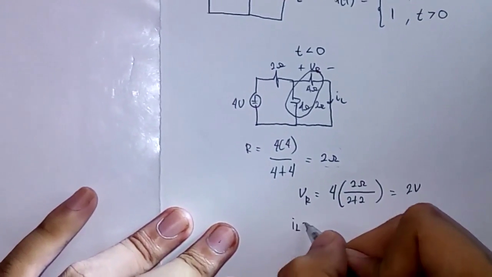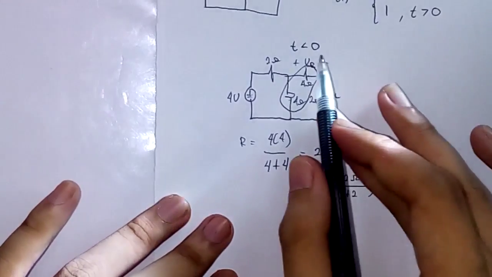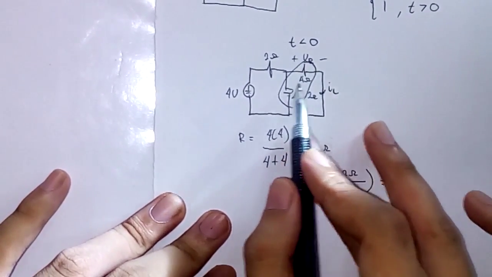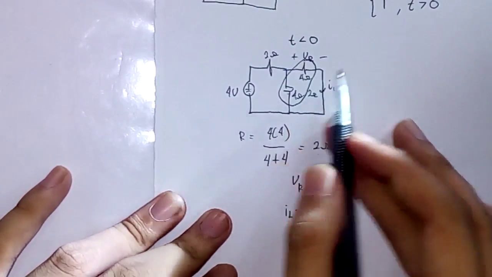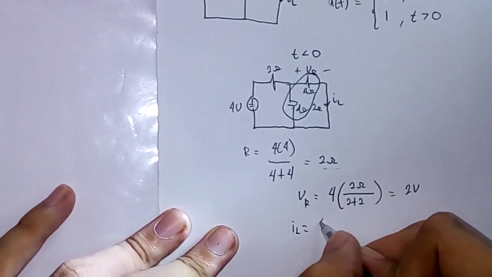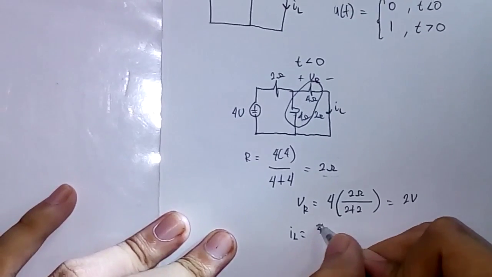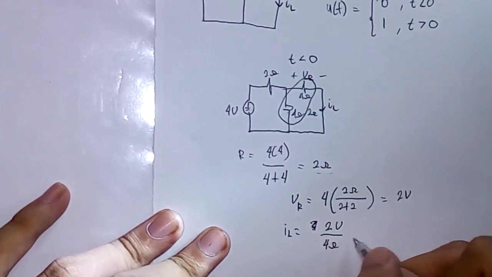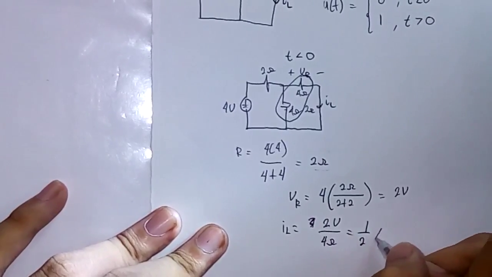And IL is just equal to VR over the resistance here, which is 4 ohms. So that is equal to 2 volts over 4 ohms, equals 1/2 ampere.